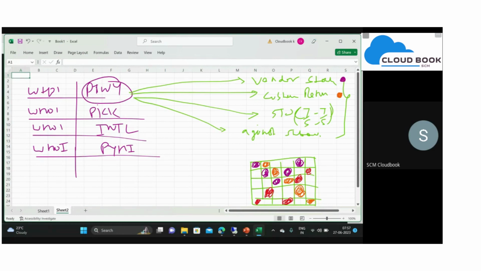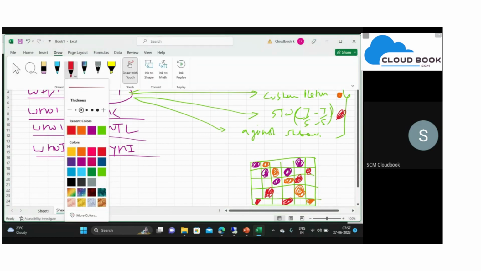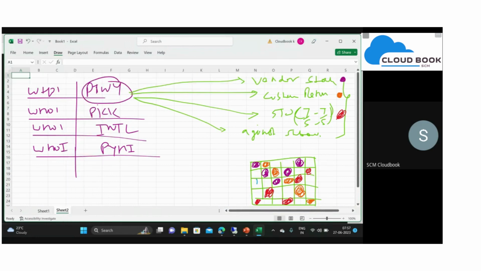Okay, so now this is basically STO, and this one, which color can I pick? Blue. These are basically against the subcontracting. Now what I did, I basically picked a very complex thing over here.